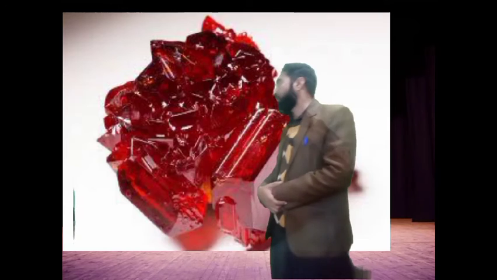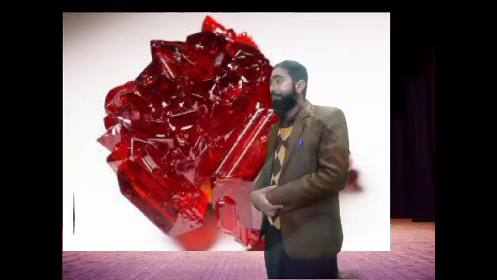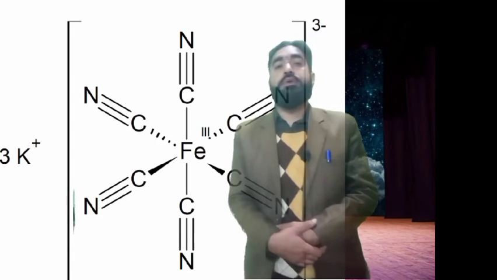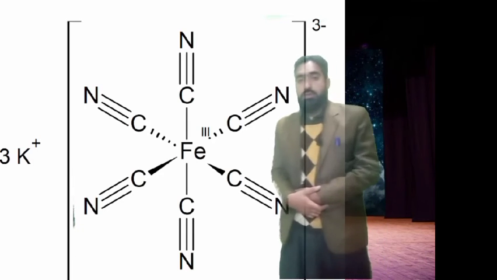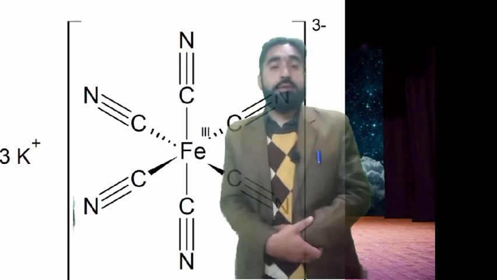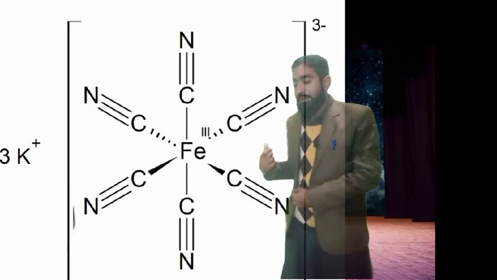Last one, complex salt. A salt containing one or more complex ions is called a complex salt. In dissociation, it gives negative and positive ions, which we call cation and anion. So there will be a complex ion in the complex salt. That is why we call this a complex salt.